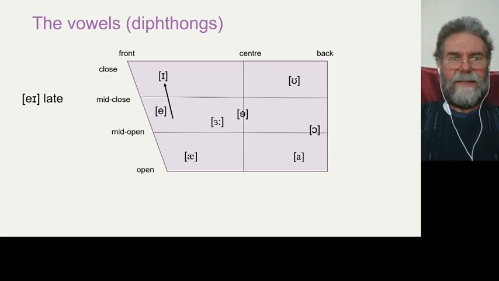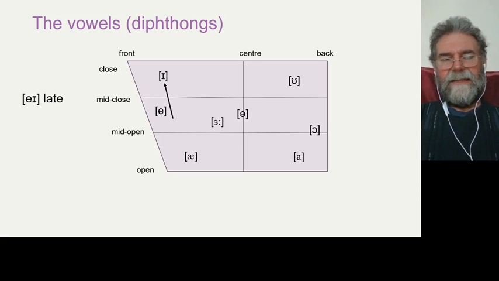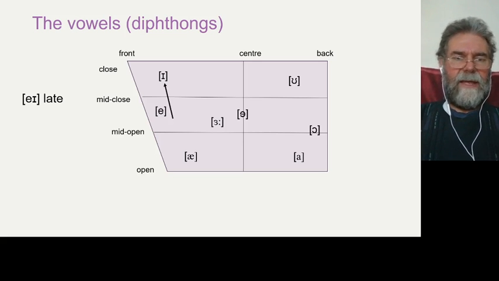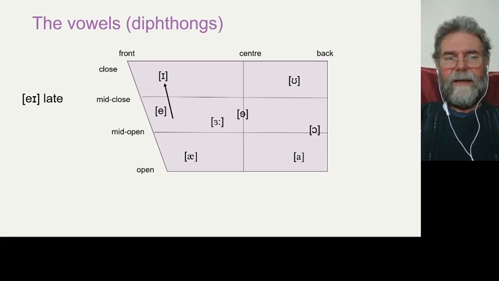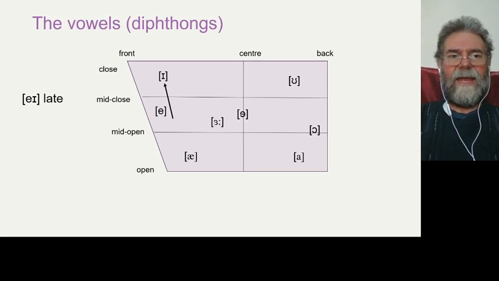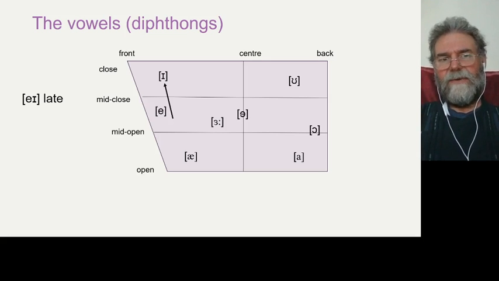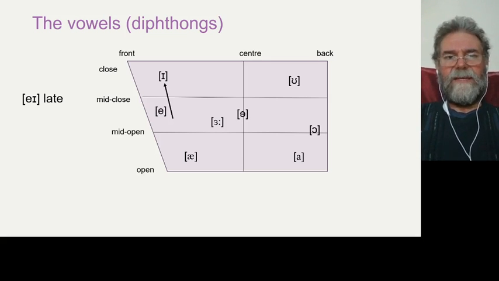Okay, so the diphthongs in English. Take the word late. There we've got a diphthong. We represent it in the IPA by a symbol which represents the starting place of the diphthong and a symbol which represents more or less the ending place. And on the vowel chart here, we can see it's represented as an arrow. So this vowel starts off somewhere close to where the vowel is.